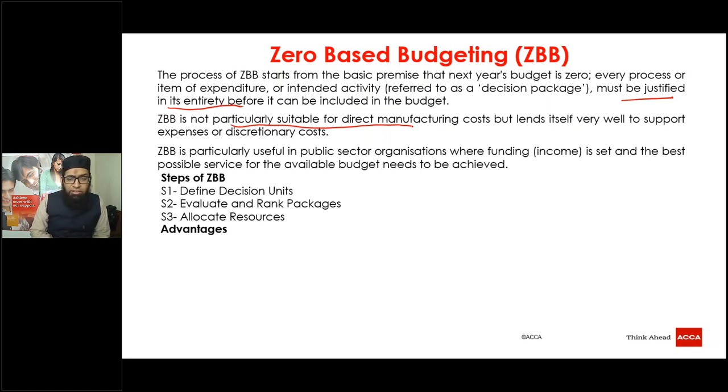So even in such situations, incremental budget will perform its purpose. But ZBB, the zero-based budget, is particularly useful in public sector organizations. There are a few steps to perform the zero-based budget: number one is define decision units, then evaluate and rank packages, and then we allocate resources.